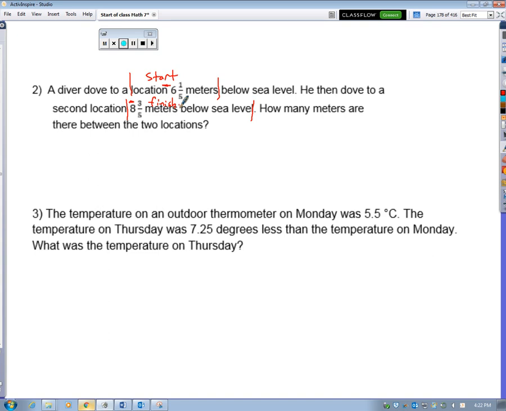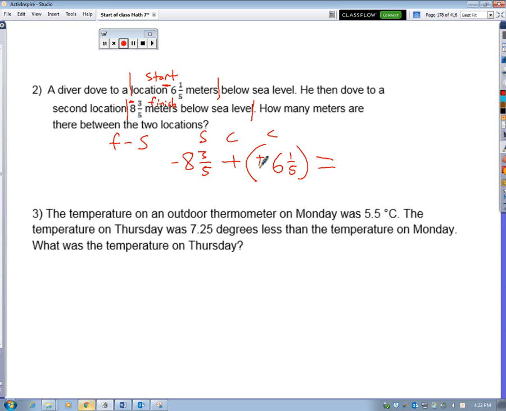We're going to subtract this. So we're going to go with our finish minus start, F minus S. We have negative 8 3/5 minus, get your parentheses going for this fraction, negative 6 1/5. We have to do same change, change because we're subtracting.